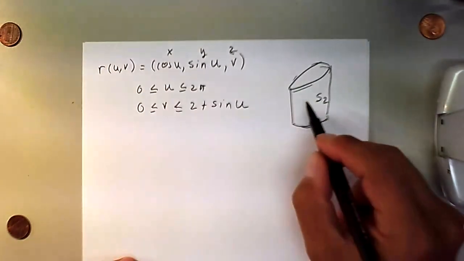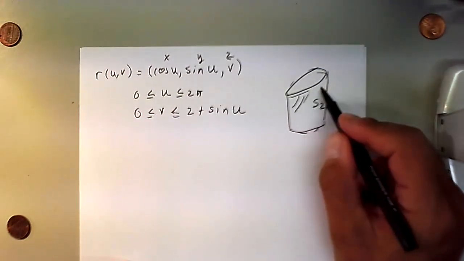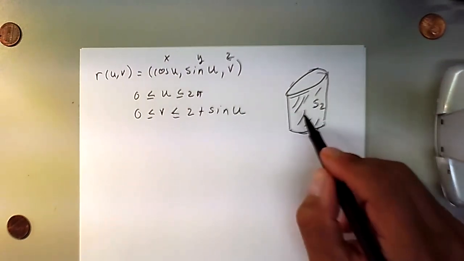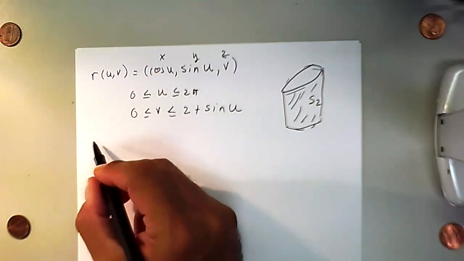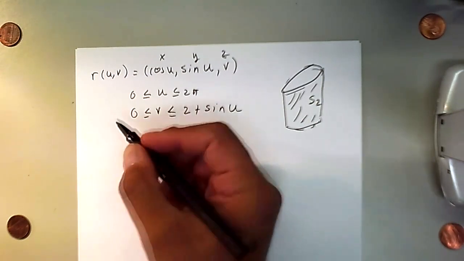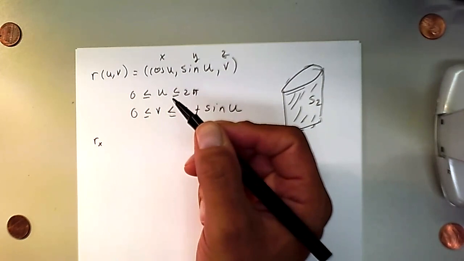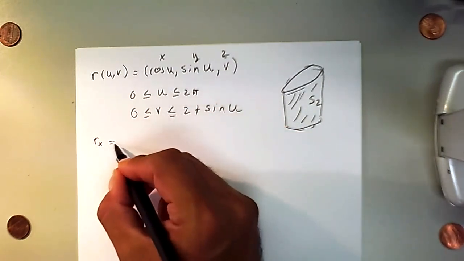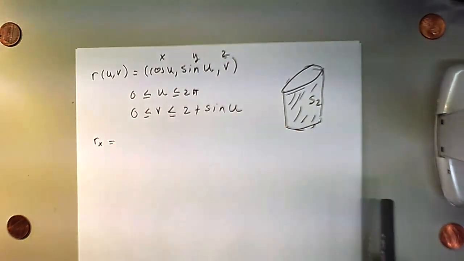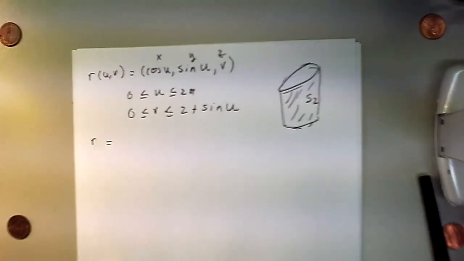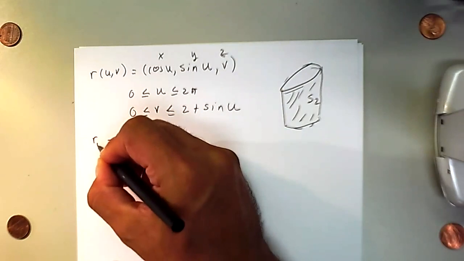All right, so that is the parameterization of this surface, S2, not the top, not the bottom, just the side. And then, let's see. We still need to do r sub u, because now the variables are u and v.